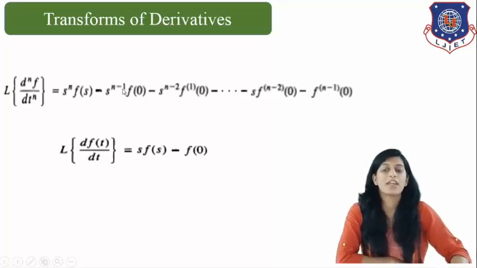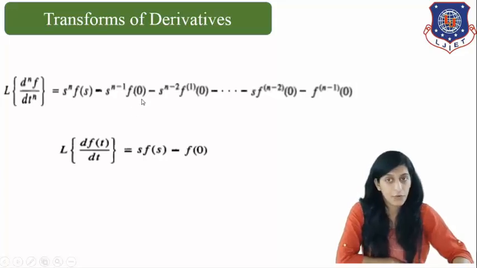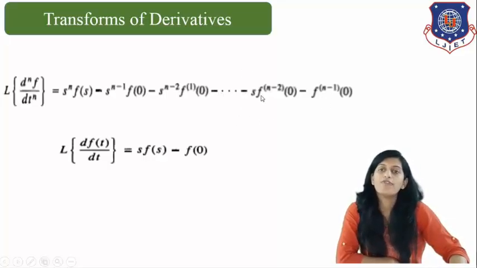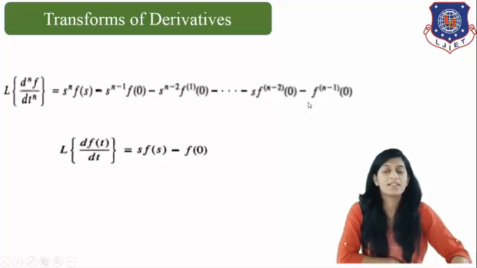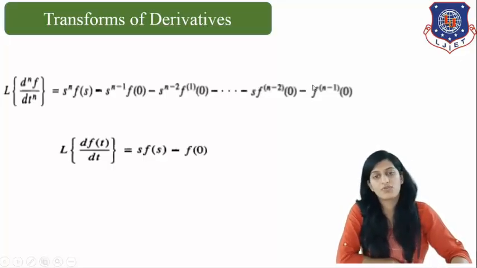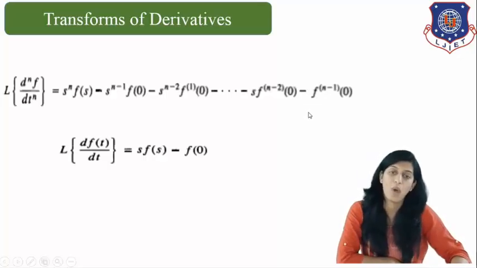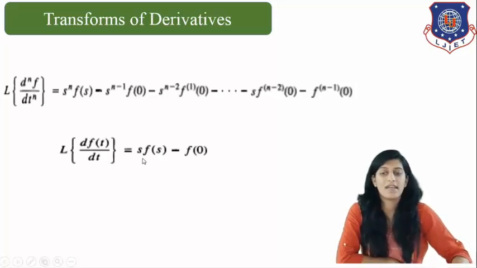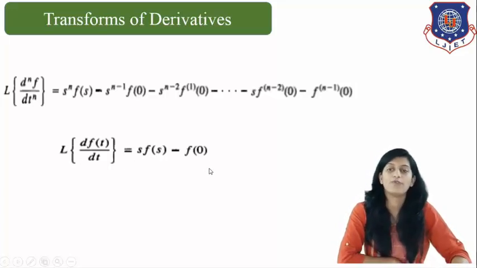So s raised to n minus 1 f of 0 minus s raised to n minus 2 f raised to 1 of 0 and so on until the power of s is 0, that is anything raised to 0 is 1. So here the power of s is 0, therefore it is termed as 1 and f raised to n minus 1. So once you simplify it, you will be getting the values as f of s minus f of 0.